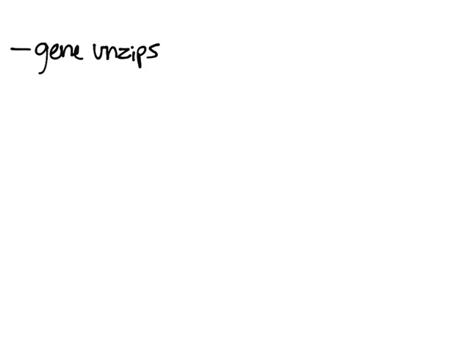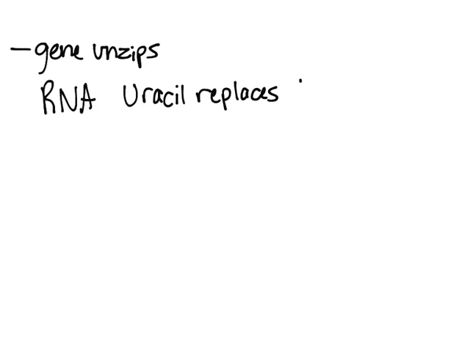And remember, when you're making RNA, uracil replaces thymine. Eventually, you're going to result with a complementary mRNA molecule to the DNA strand.